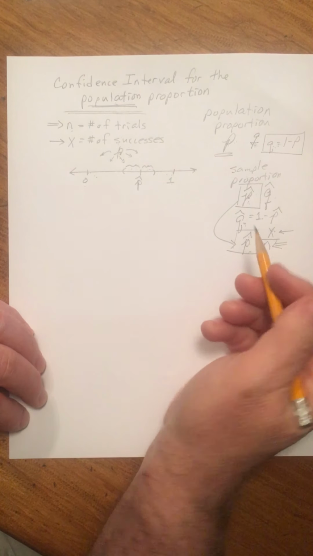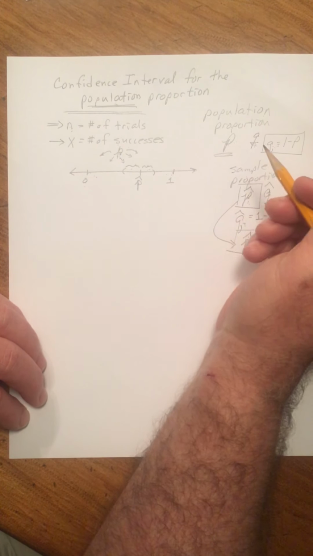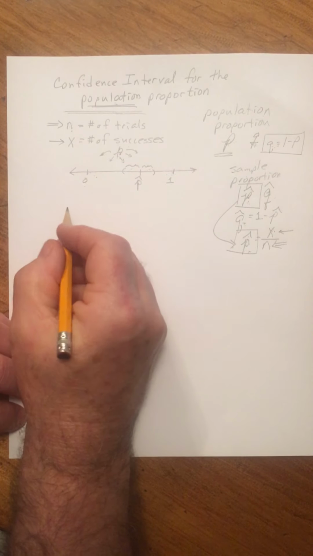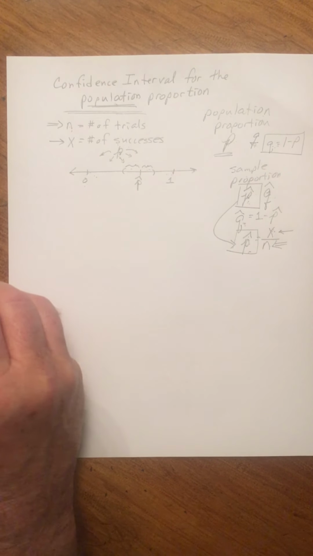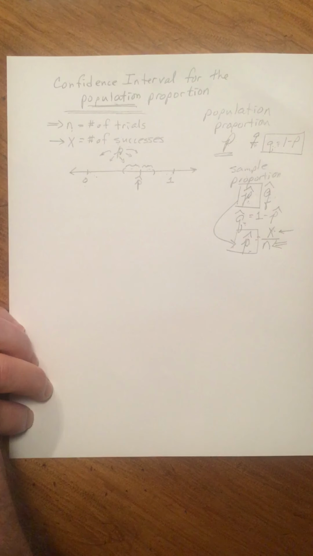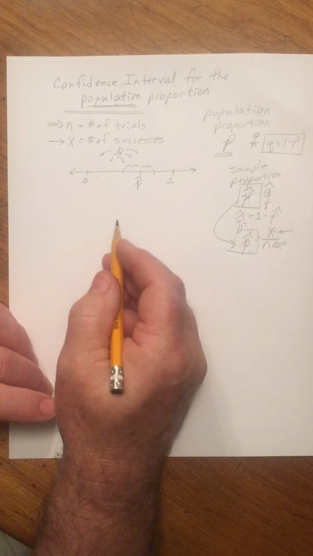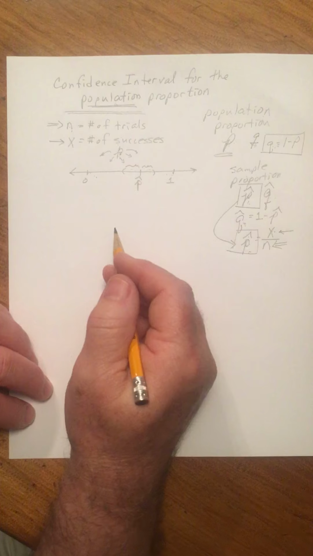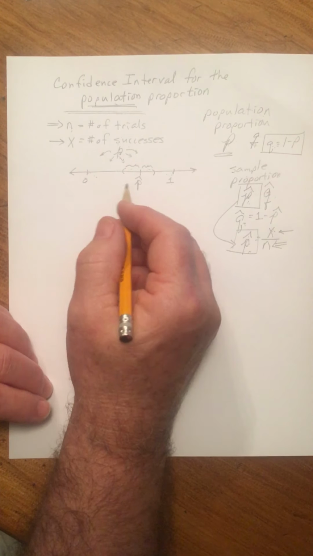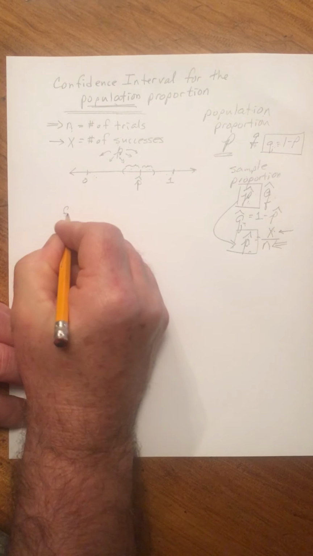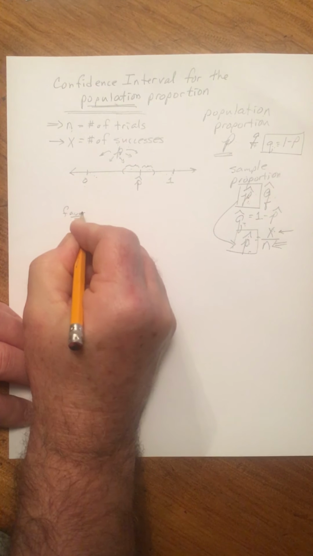This is what happens when we have, for example, voter opinion polls. Suppose a community has a ballot initiative, and we want to estimate what proportion of the voters in the subdivision are in favor of the new ballot initiative.